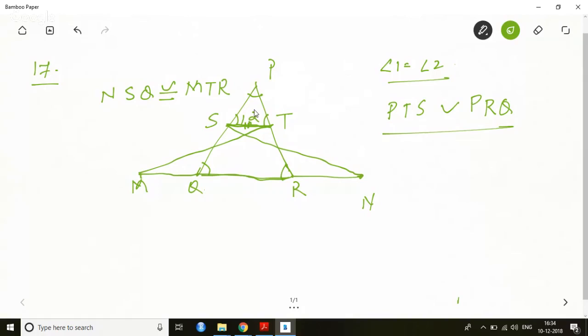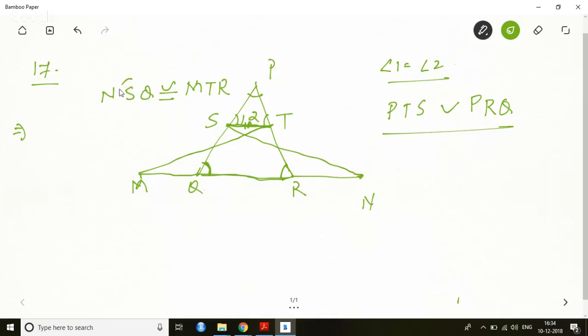So now try to understand. First you see that this angle Q is equal to this angle R. How? Look here.